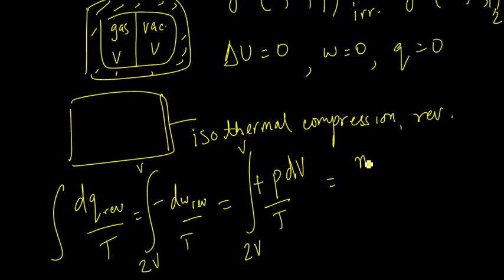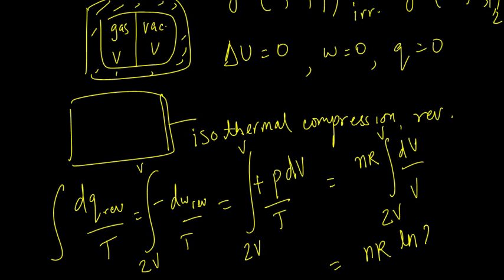So nR dV by V integrated from 2V to V, which would give me the same expression, nR ln 2.